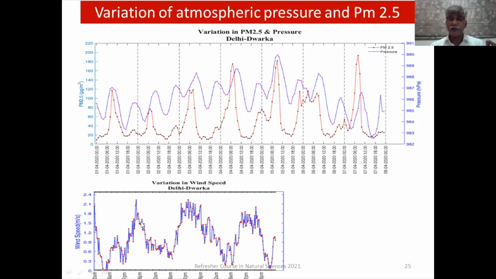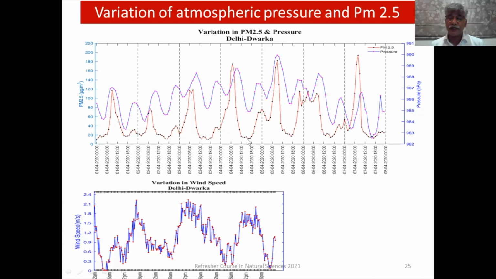So it is picking up in the afternoon around 3 p.m. almost every day, with small fluctuations. And whenever the wind speed is high, going to 1.5 or 2 meters per second, you can see that at the same time in the afternoon, the PM 2.5 concentration is less. Around here, the PM 2.5 concentration is less.